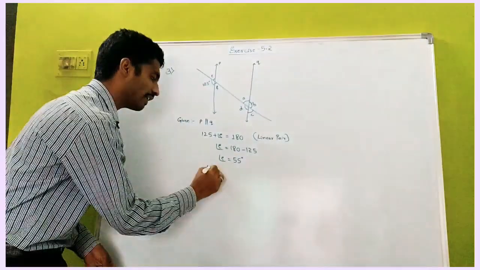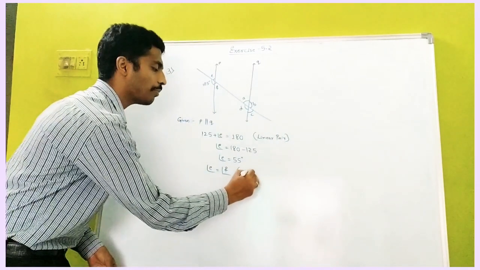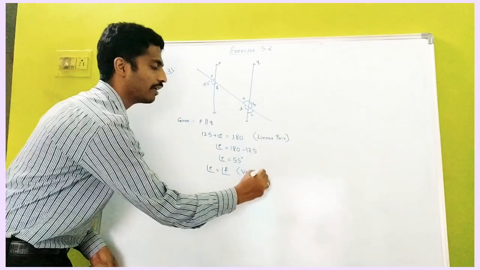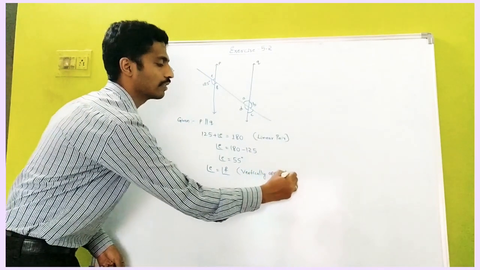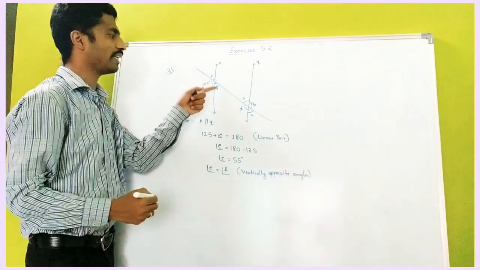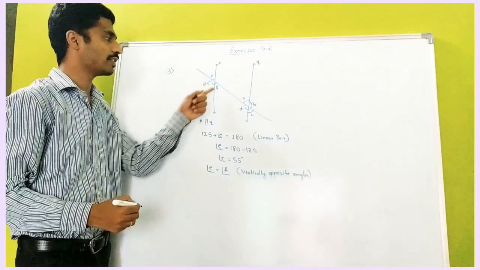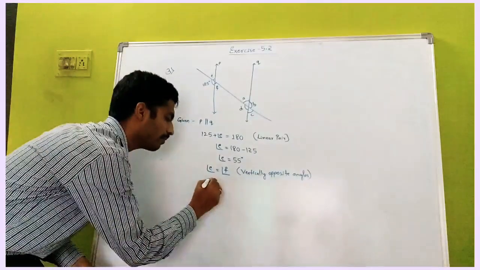So angle E equals angle F. Why? Vertically opposite angles. See the figure. Angle E and F are vertically opposite. So F we got, it is 55, and F is equal to A. Why?